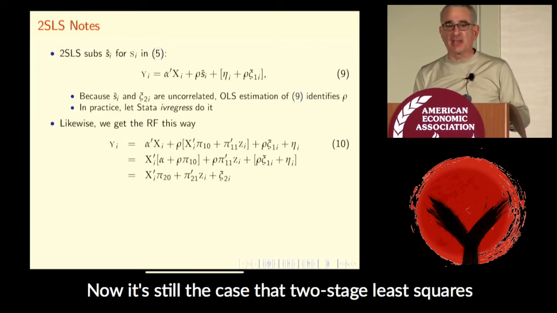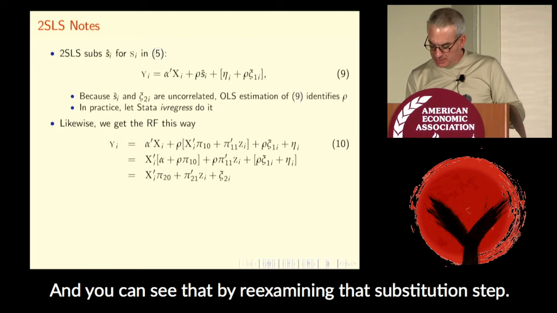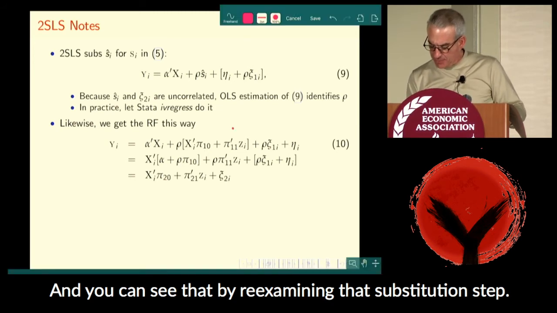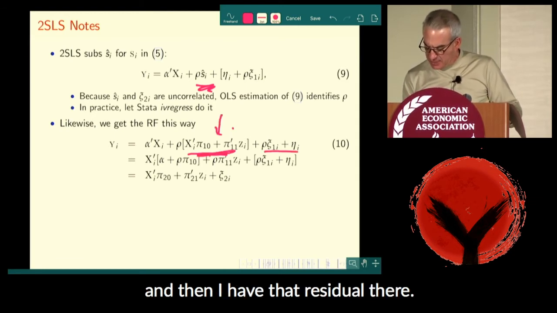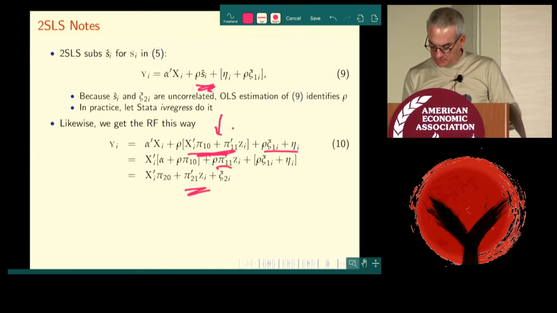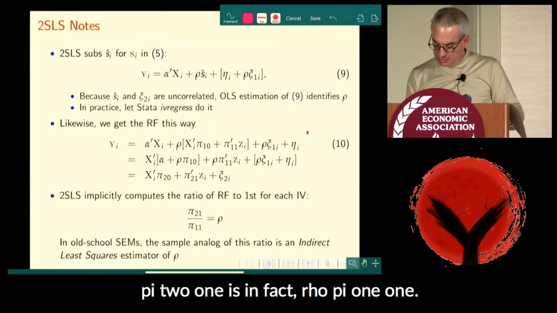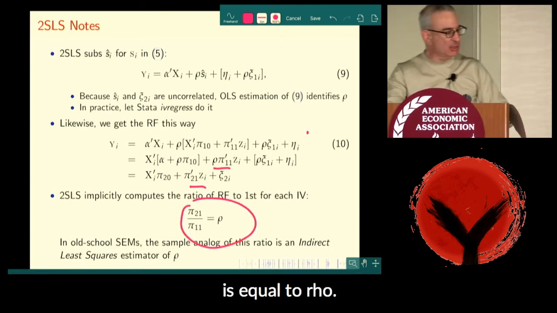Now, it's still the case that two-stage least squares is packaging this ratio. And you can see that by re-examining that substitution step. So here's the S hat, and I'm picking up the fact that I'm plugging in the fits, and then I have that residual there. Well, notice that the reduced form pi 2,1 is in fact rho pi 1,1. In other words, pi 2,1 divided by pi 1,1 is equal to rho.